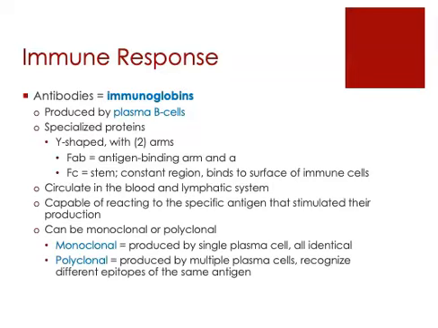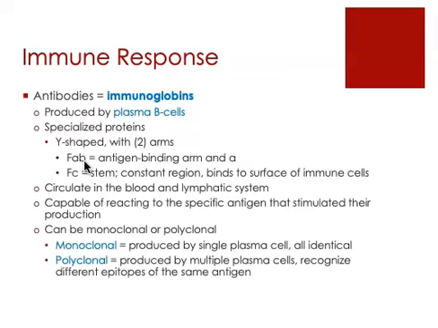Now, these specialized proteins, these antibodies, literally have the shape of the letter Y. This shape produces what we refer to as the two arms of an antibody and the stem of an antibody. Now, the arms are referred to as the FAB, and I'll explain that terminology in just a minute.